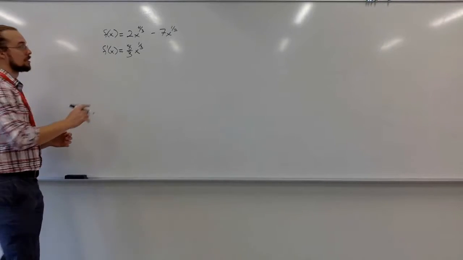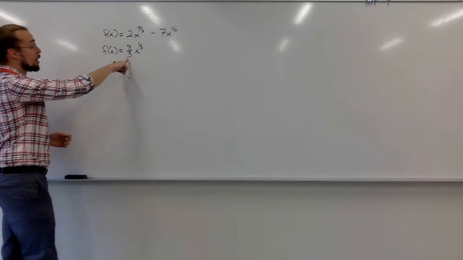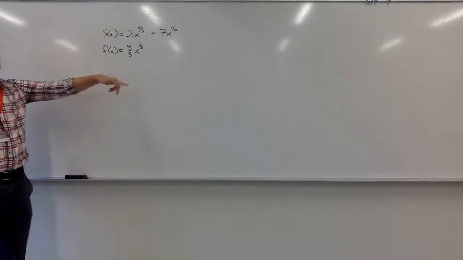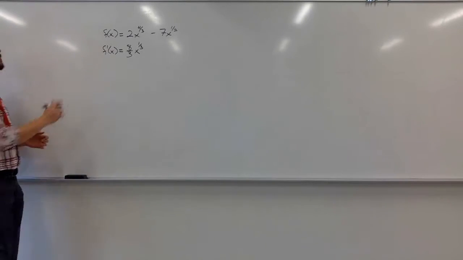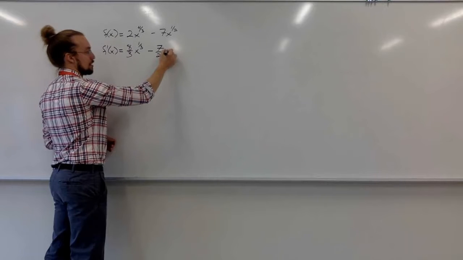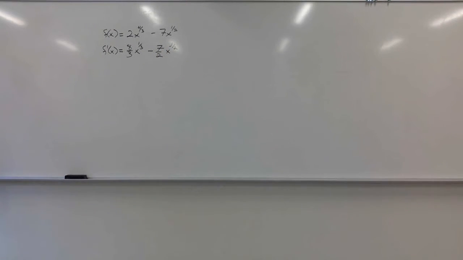And then 4/3 times 2 is 8/3, which would be the same as 2 and 2/3, right? But improper fractions are a little easier to work with than mixed numbers. Times negative 3 to the negative 1/2. Right, times x to the negative 1/2. Exactly. Not too bad, right?